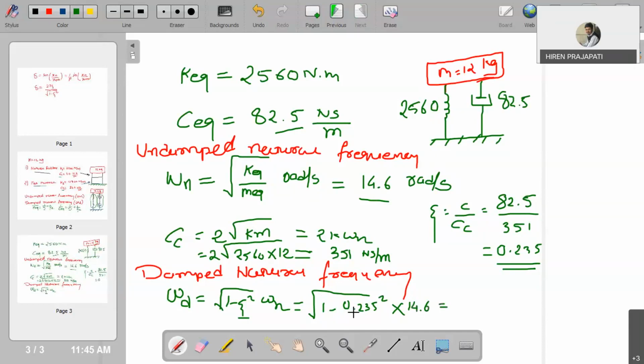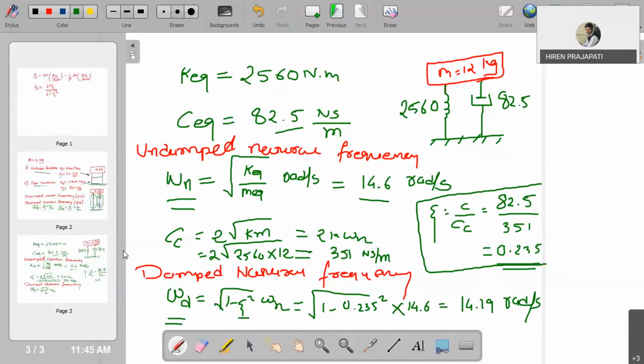First of all, just take the square of this, subtract this term from 1, take its square root, and then multiply with 14.6. I am getting 14.19, so it is nearby. Fine. So this is what we got, omega d and omega n. Clear? So this one is the simplest problem.